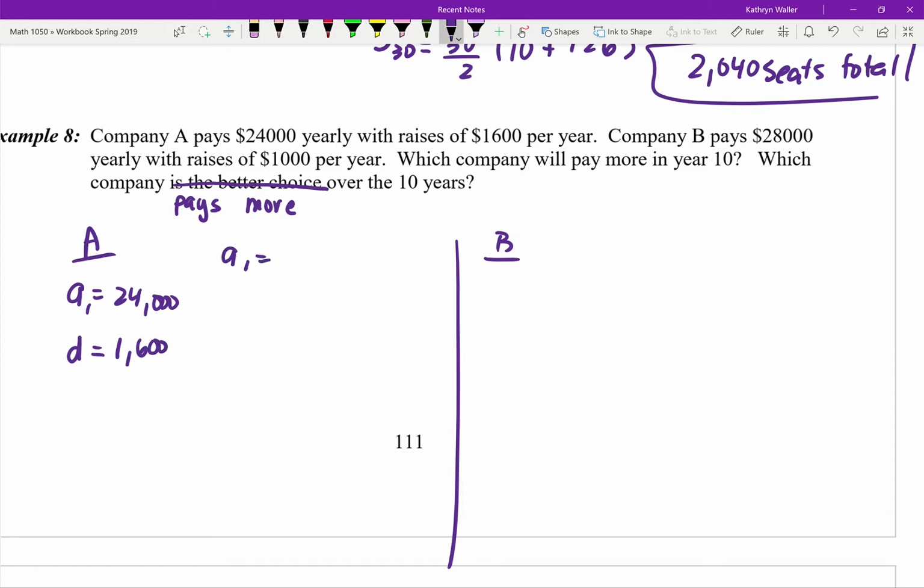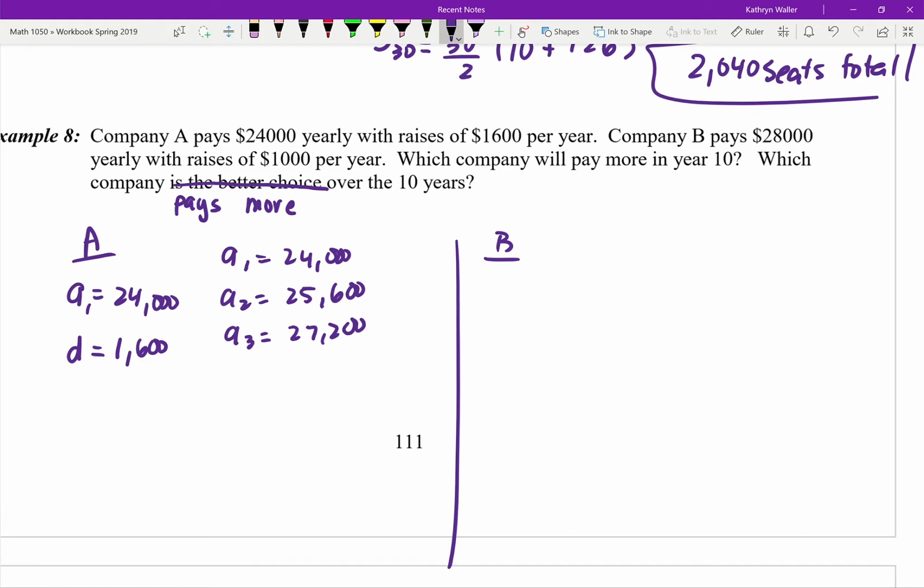Everybody go A sub 1, A sub 2, A sub 3. So the first year, you make 24,000. The next year is 24,000 plus 1,600, which is 25,600. The year after that, another 1,600, and that's 27,200, etc., etc.